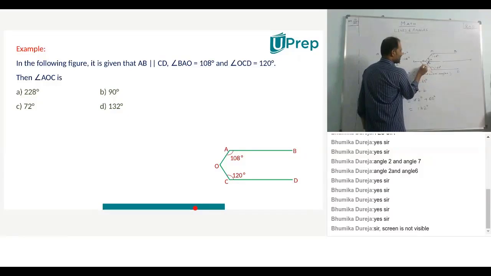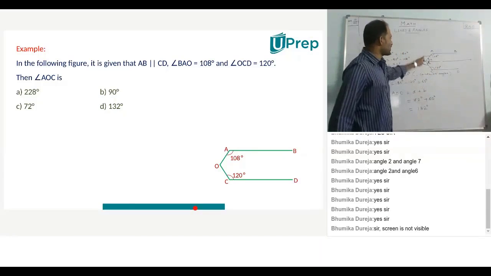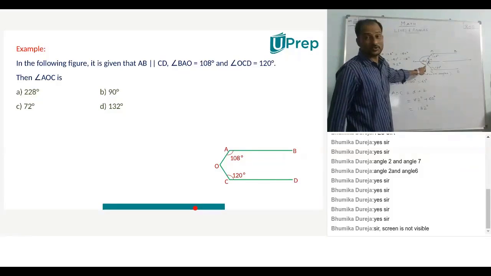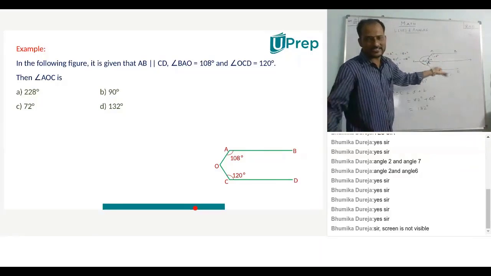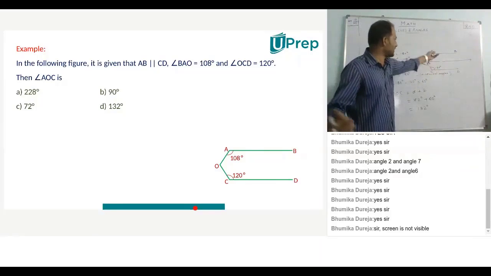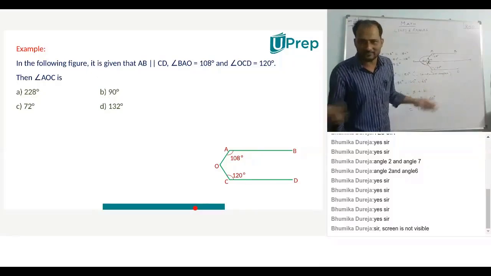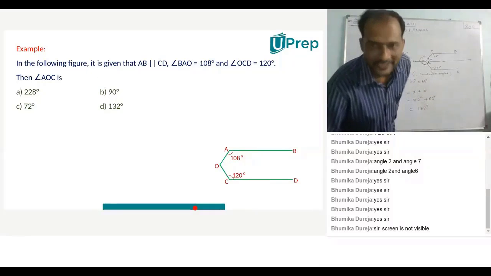This angle will be 120, this angle will be 108, and the sum of the angles around a point is 360. So 108 plus 120 is 228, and this A plus B will be nothing but 360 minus the sum of these two angles, which is nothing but 132 degrees.